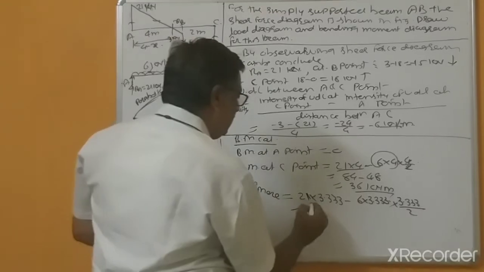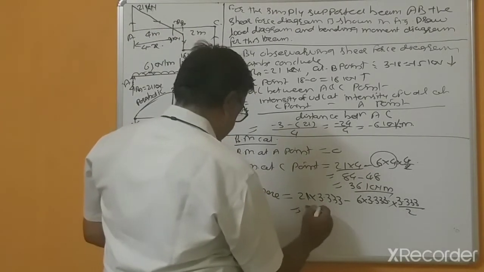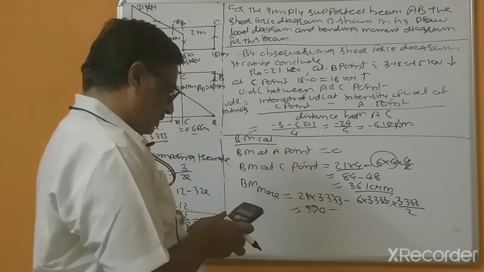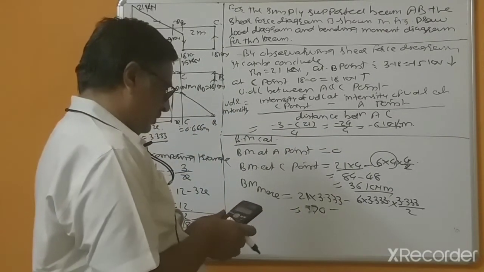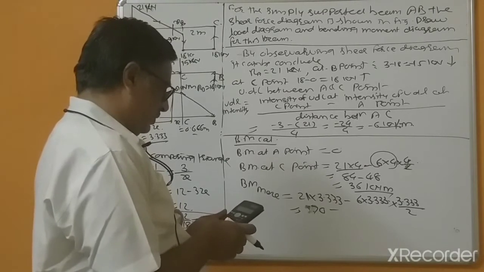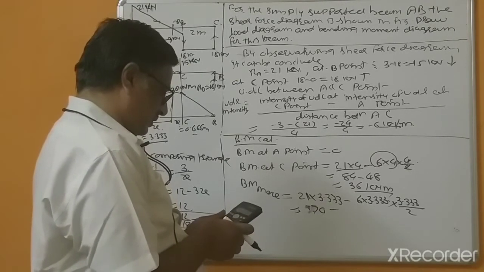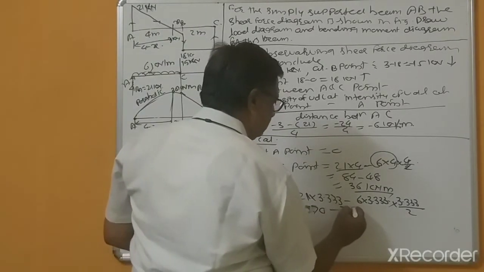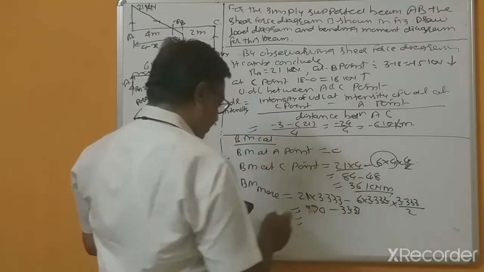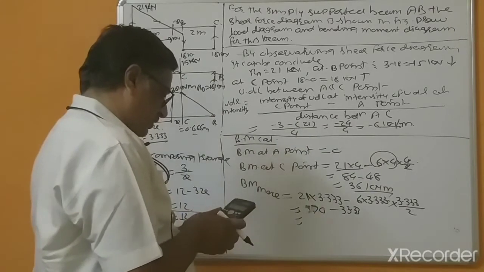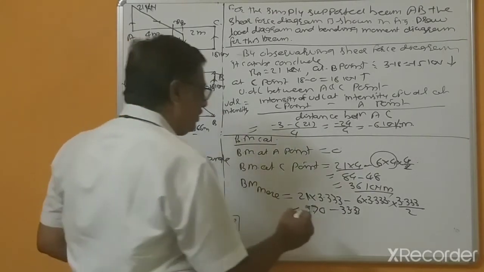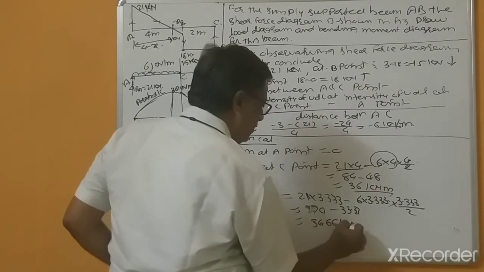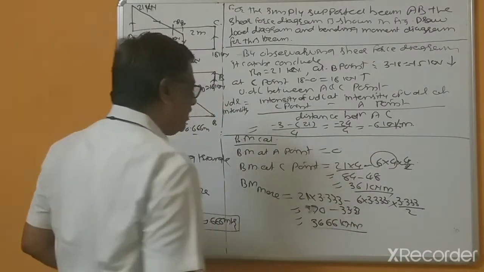This is 69 point, suppose this is 70, minus square divided by 2 into 6. This is 33.33. Minus 70, this is equal to 36.66 kilonewton meter.